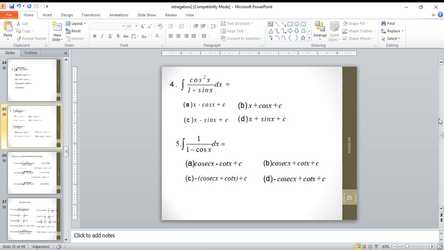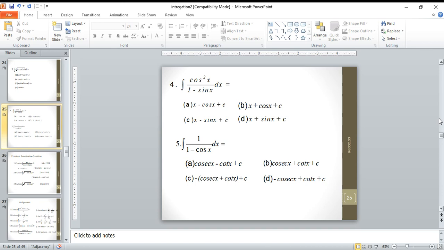Next, the fourth one: integration of cos square x by 1 minus sin x dx. Cos square x can be written as 1 minus sin square x, so 1 minus sin square x by 1 minus sin x. 1 minus sin square x can be written as (1 plus sin x) into (1 minus sin x).